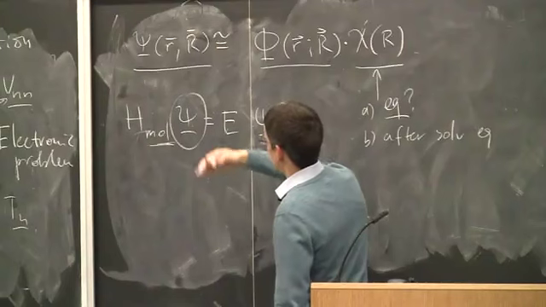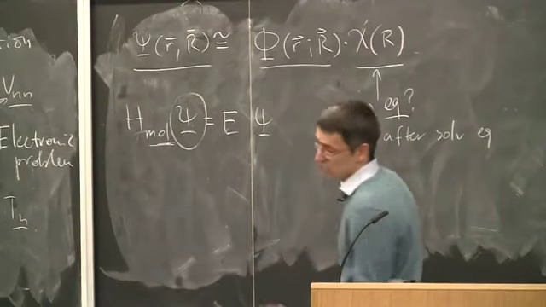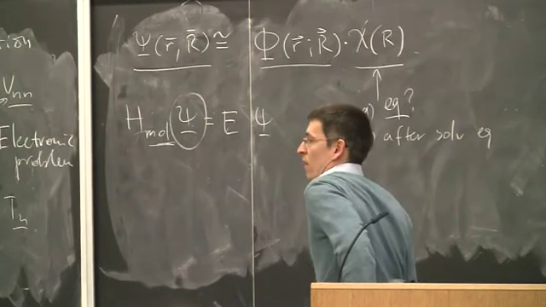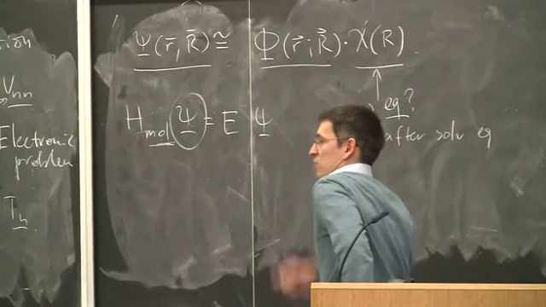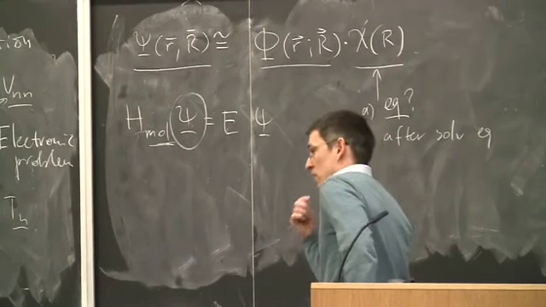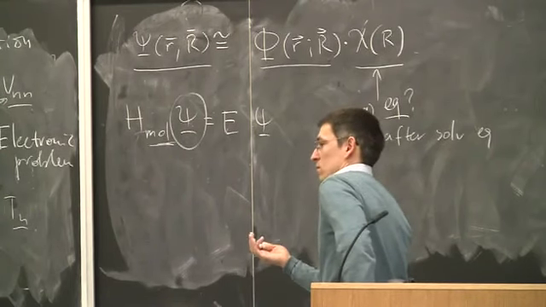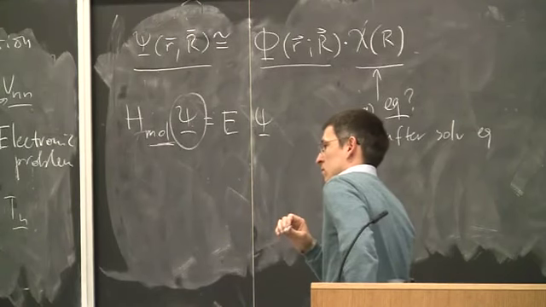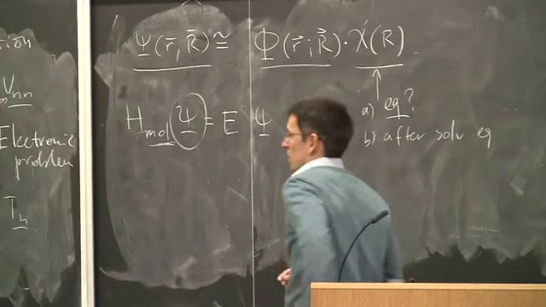We know phi from the electronic problem, so we can approximate the total nuclear-electron wave function. But you don't know chi, right? Yeah. First, I will derive the equation for chi, and then. But you're not going to derive it using the psi and the phi. You'll see in a moment.